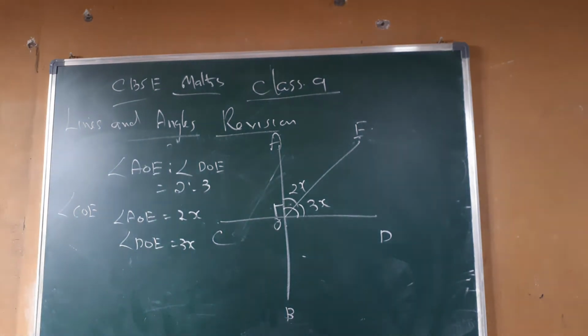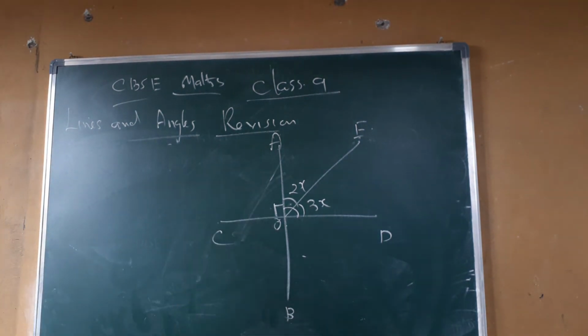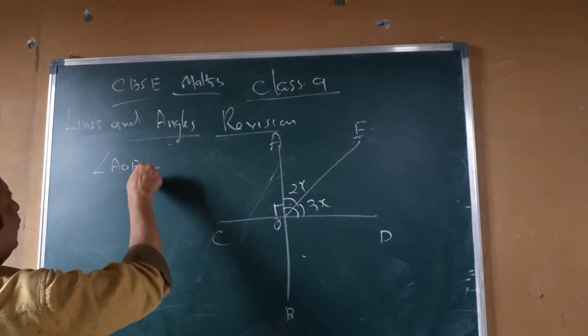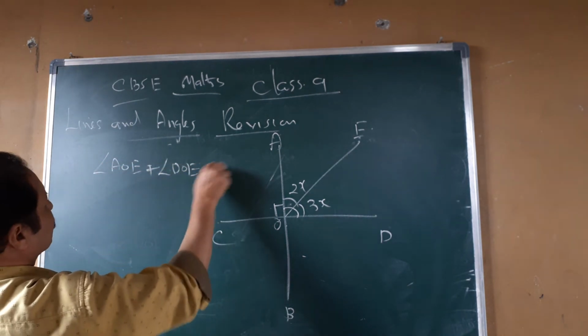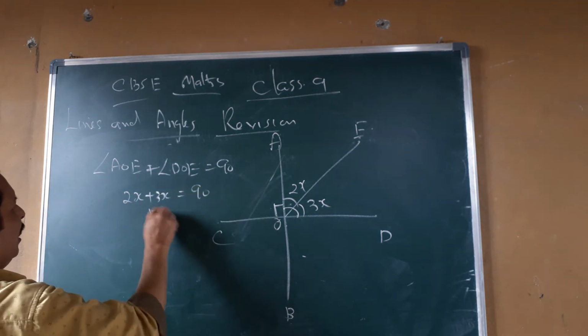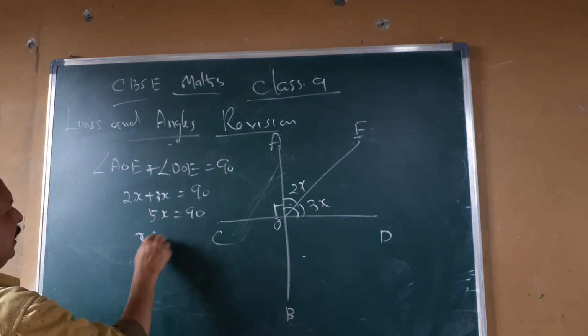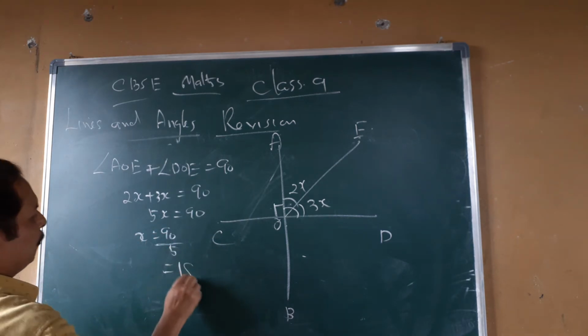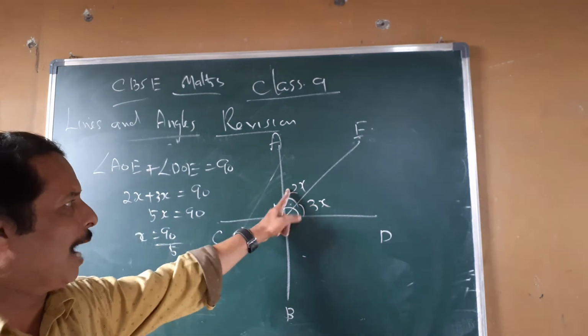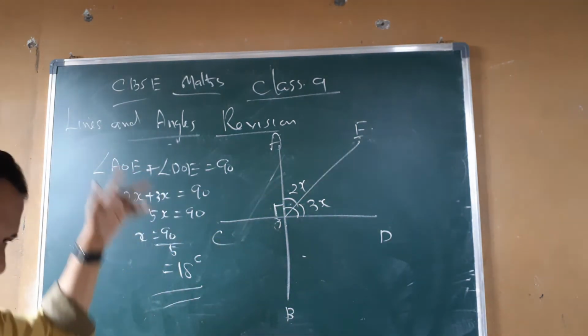So the next line is angle AOE plus angle DOE equal to 90 degree. That is 2x plus 3x equal to 90, 5x equal to 90, x is equal to 90 divided by 5, you get 18. You get the step? If you add these two, it is 90, that is given.